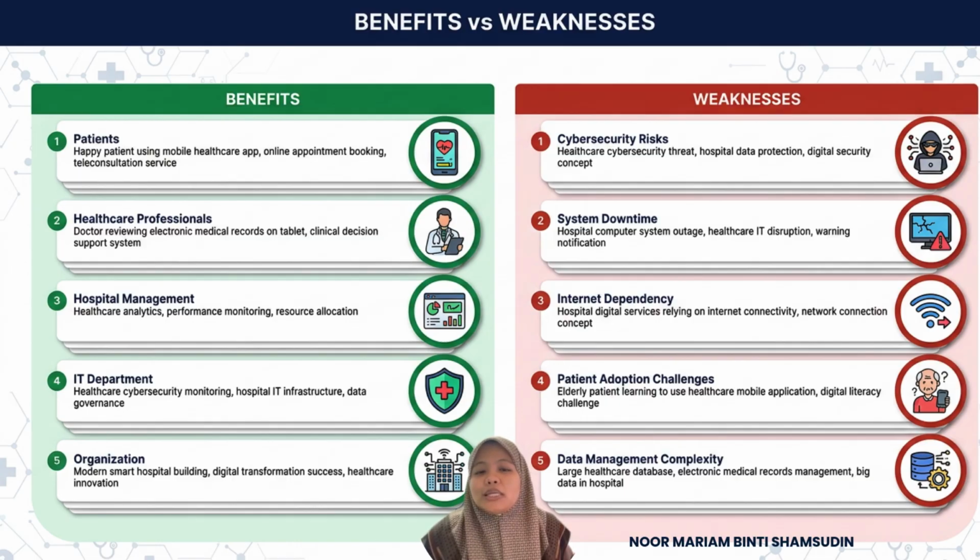Cybersecurity risks continue to be a major concern because healthcare organization manage highly sensitive patient data. System downtime can disrupt access to medical records and affect daily operations. In addition, many digital services depend heavily on stable internet connectivity, meaning service interruption may impact productivity and patient care.